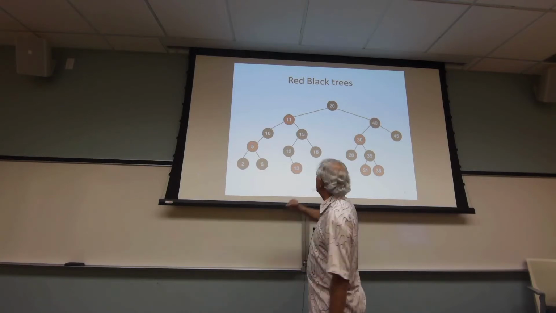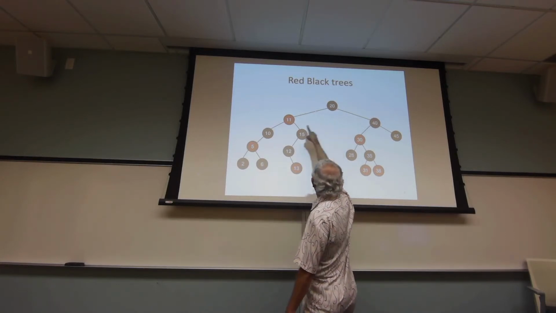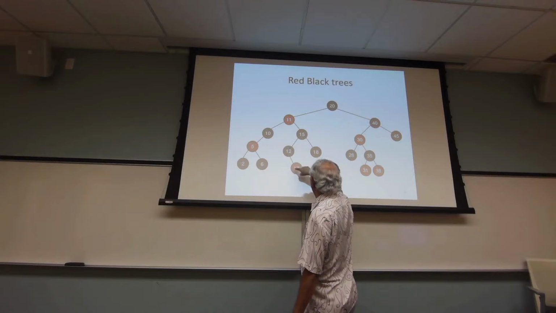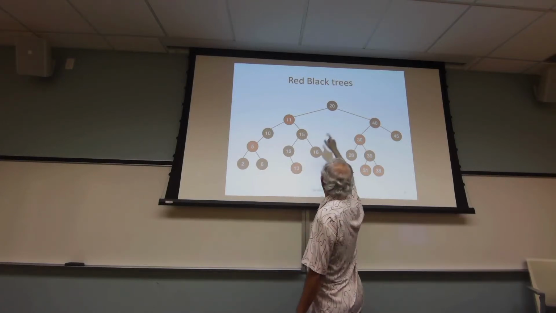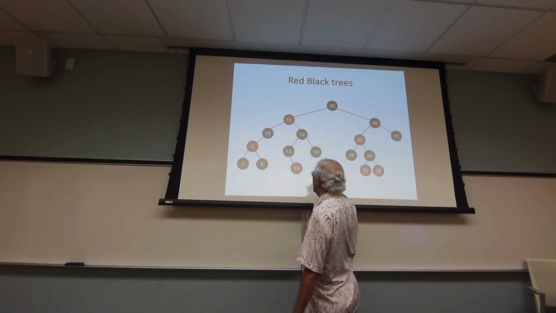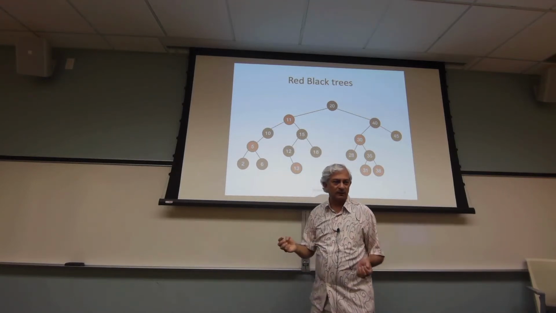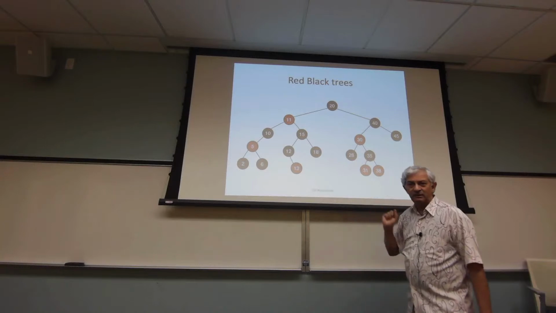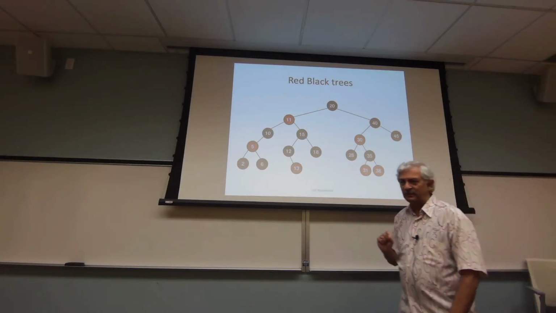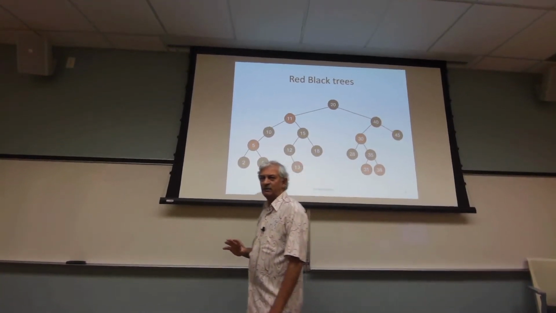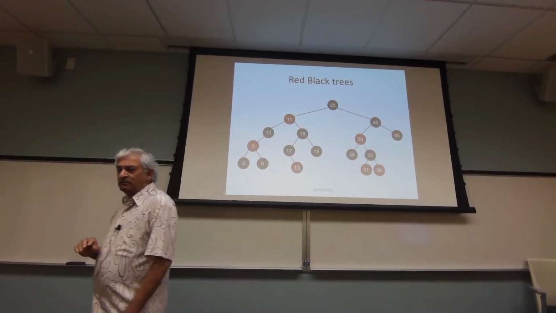It doesn't matter which path you take. You can go 20, 11, 15, 12, and 13. That also has 3 black nodes. If you go 20, 11, 15, 18, that also has 3 black nodes. So every path you take from the root to a leaf will have the exact same number of black nodes.